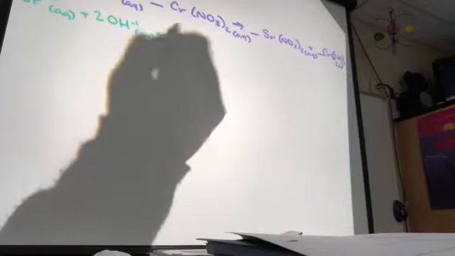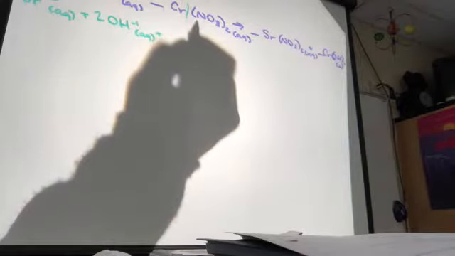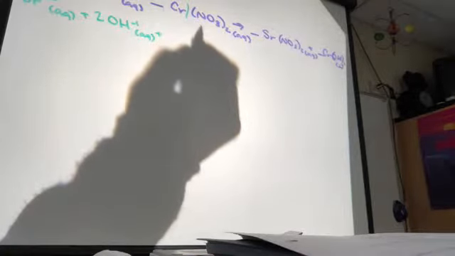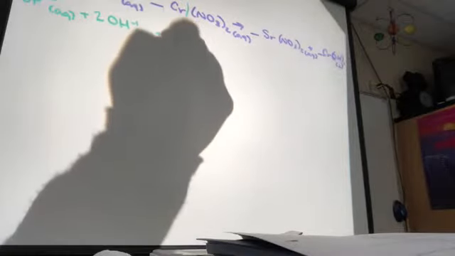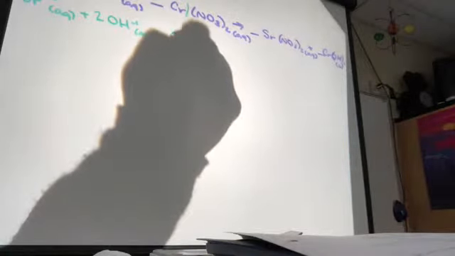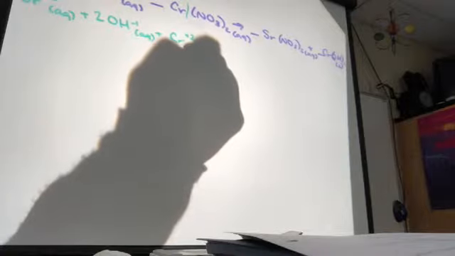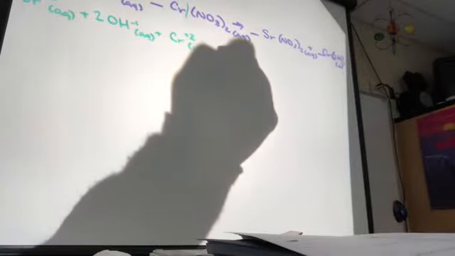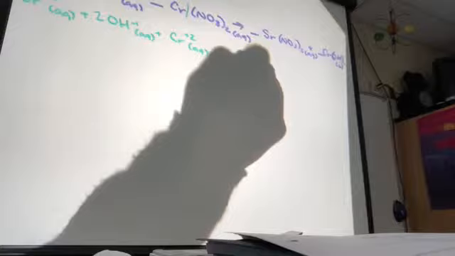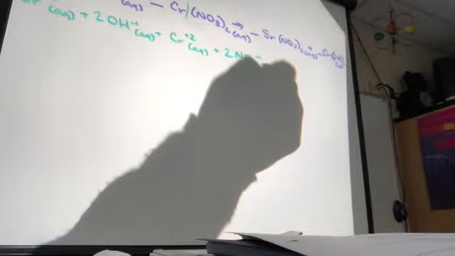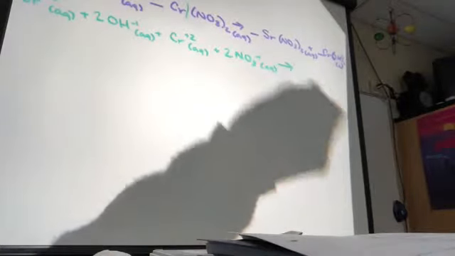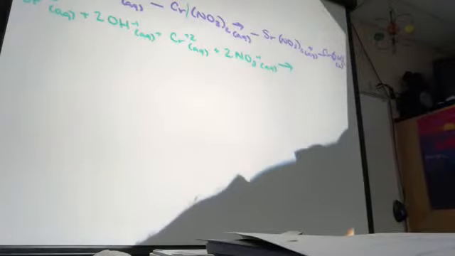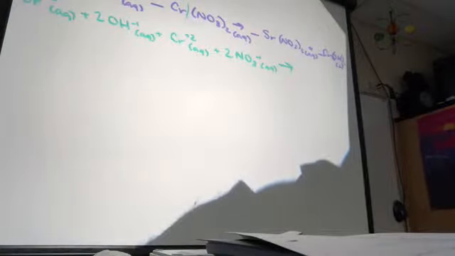Plus, we split this guy in half. Cr+2 aqueous plus 2 NO3-1 aqueous. So I just split my aqueous in half, right? Does that make sense?